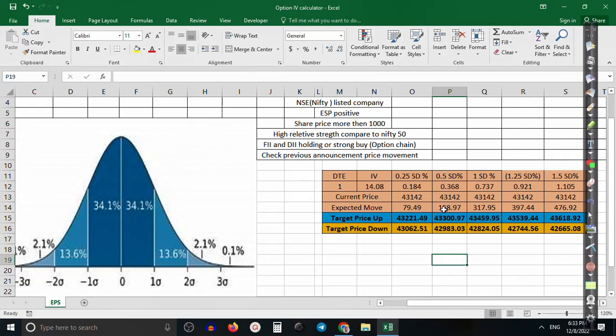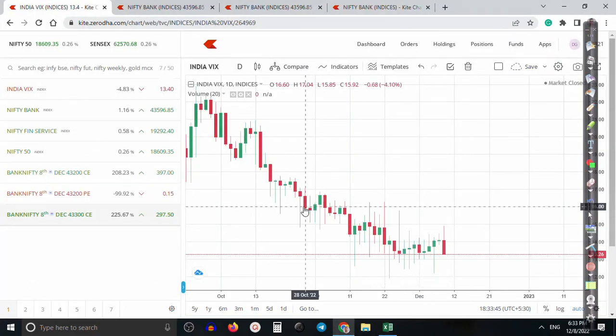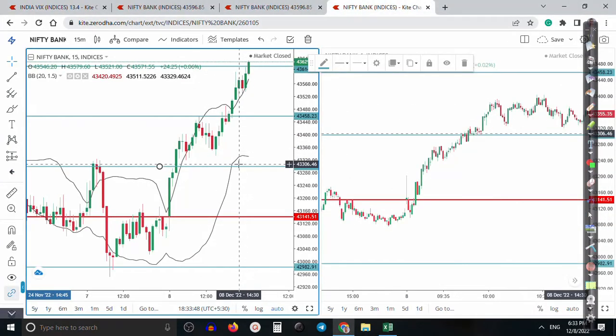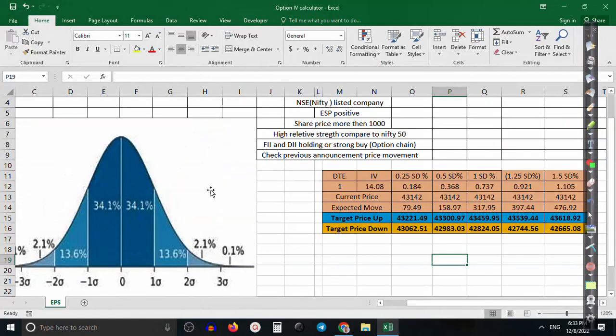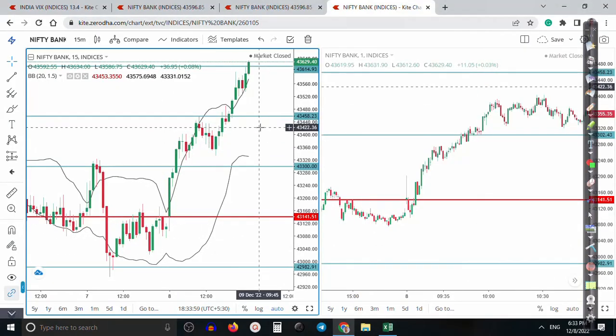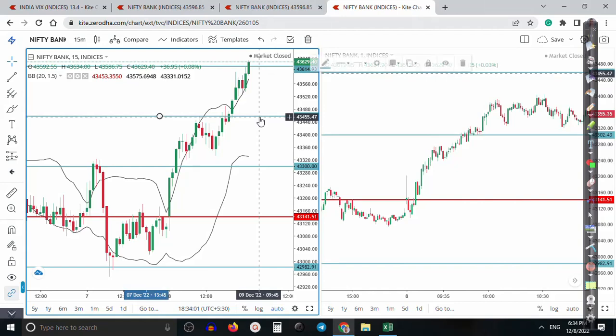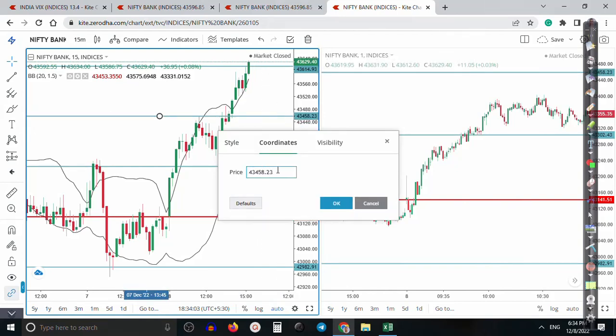So the first resistance line is 43300. That was my first resistance line, and the second resistance line, one standard deviation, is 43459. Let me use 459.